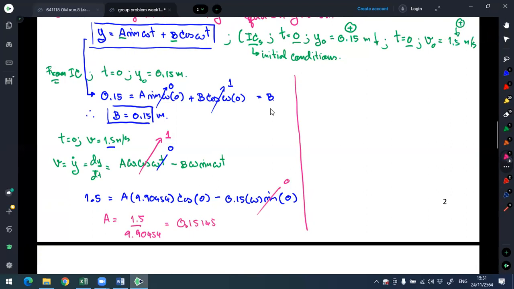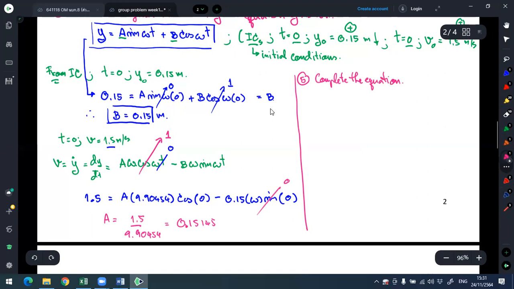At the final step, we complete the equation.